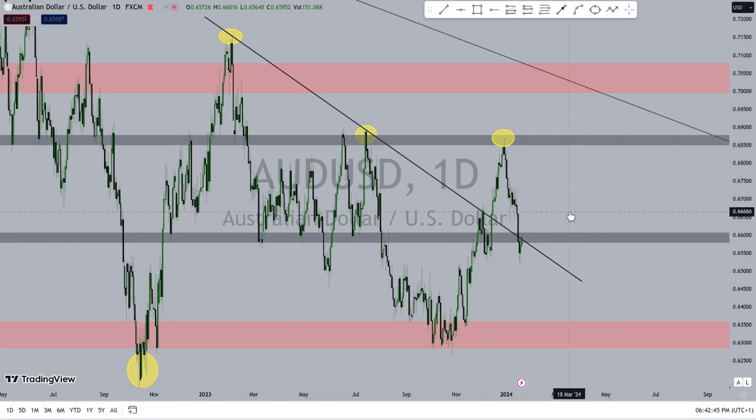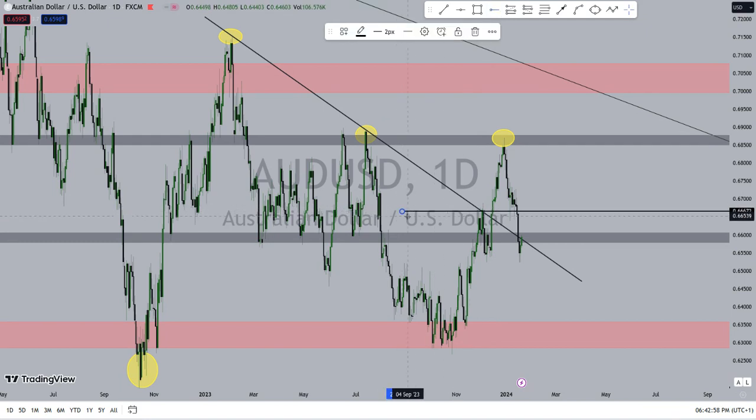I said AUD USD was coming back to this level. This was the level we should buy AUD USD, and it came here. But you can see price came and broke that level, and then it has come to test this level.